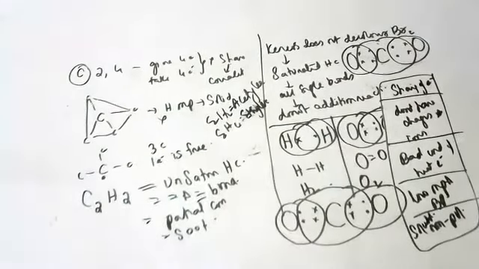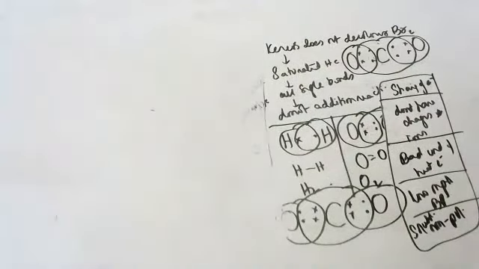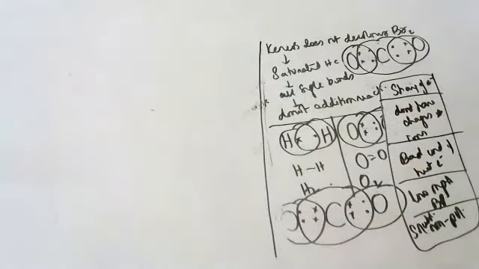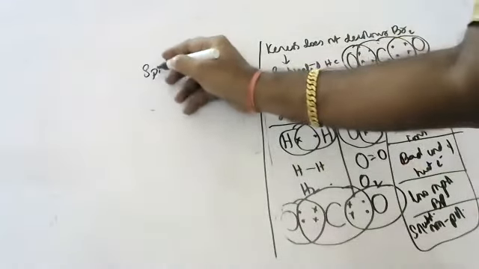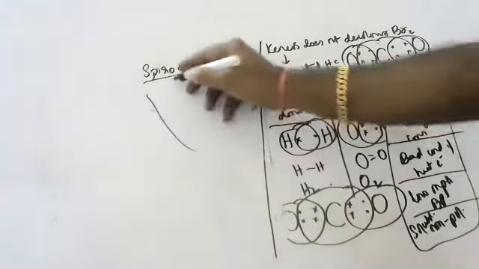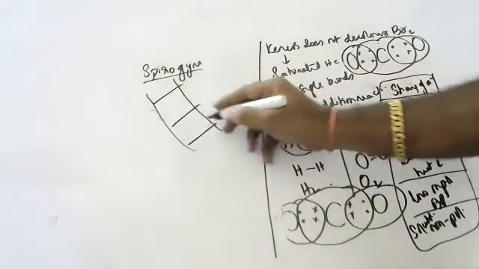Okay, next one. What is fragmentation? Name a multicellular organism which reproduces by this method. Which organism undergoes fragmentation, children? Spirogyra. In Spirogyra, if you see its structure, it will be in fragments, children.